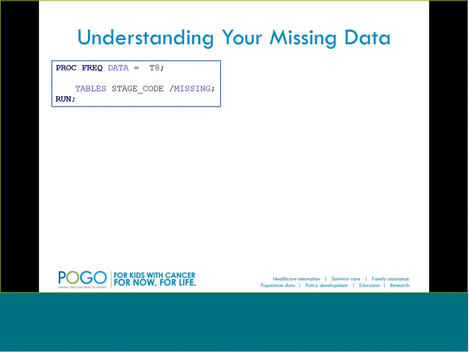So here I'm telling SAS that I want the frequency output on staging, but I put a where command in there. And I put the where command in there because I'm telling it, I only want you to do the frequency output on diagnosis group 2. And I've assigned diagnosis group 2 to lymphomas because I know that lymphomas are an actual staging cancer.